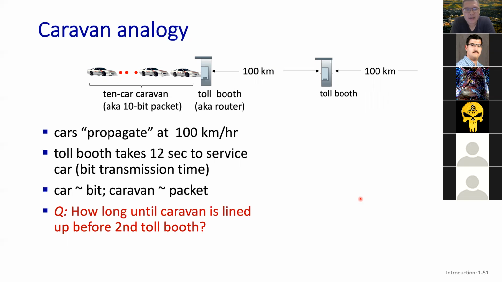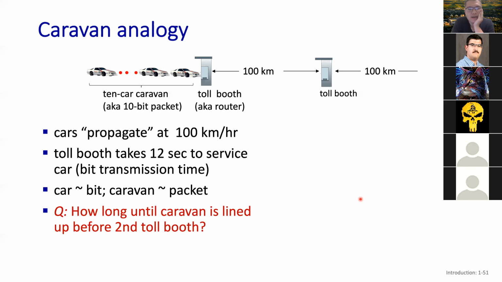We have 100 kilometers between the two booths, and the driving speed is about 100 kilometers per hour. So how long until the caravan is lined up before the second booth? How should we calculate the time?